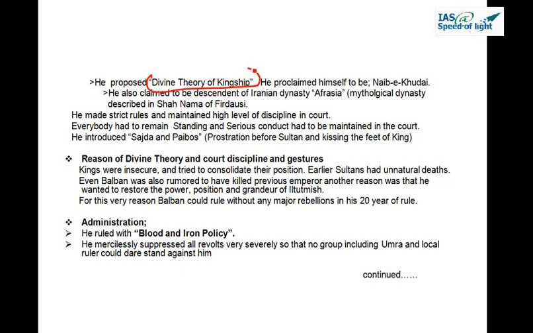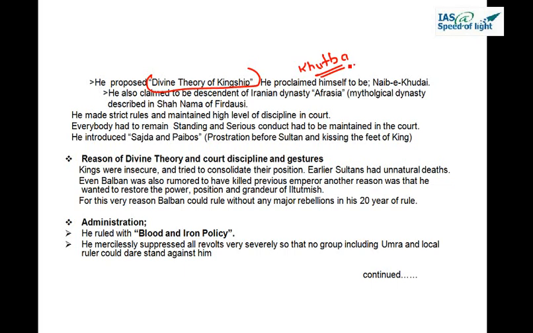Sajda is prostration before the Sultan and paibos is kissing the feet of the Sultan. Another thing the king started doing was reading the khutbah, that is the name in the prayer on Friday at the mosque. So now the khutbah started being read in the name of the king.